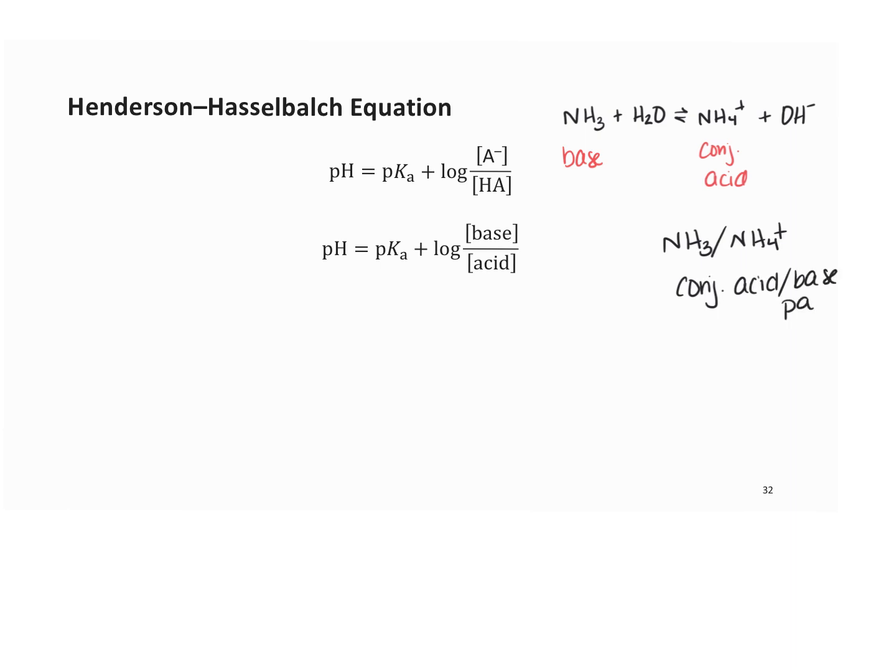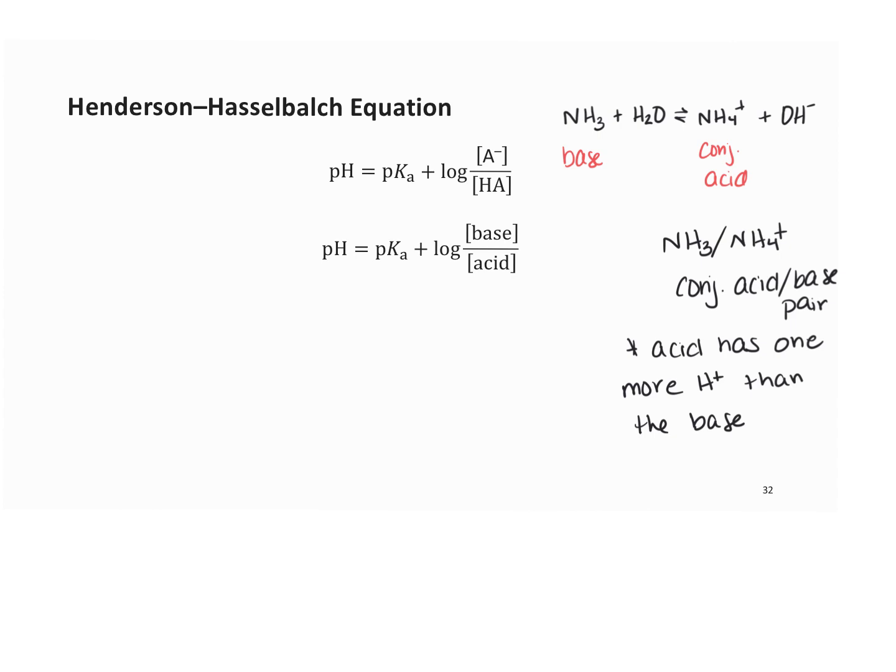We can identify that because the only difference between them is that they have an additional H plus. And it's important when you're identifying these that the acid always has one more proton than the base. That's how we identify them.